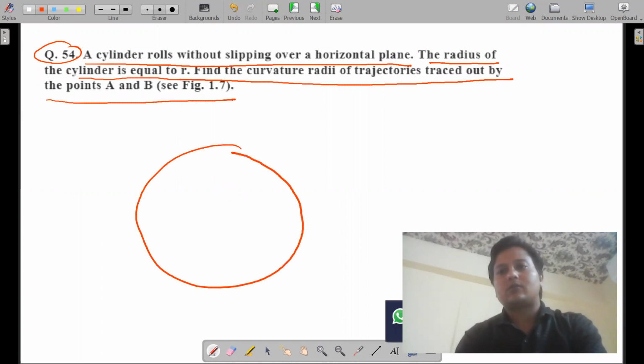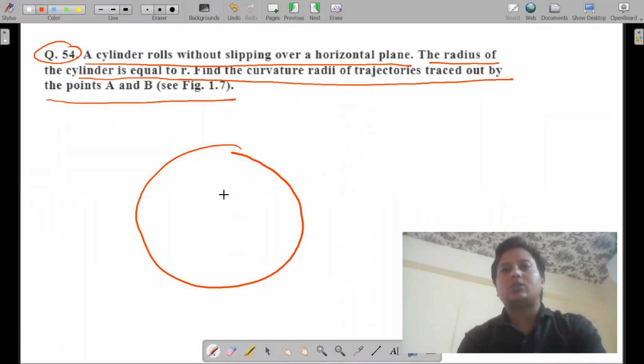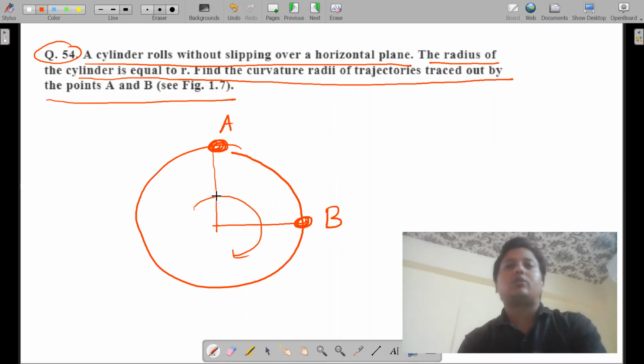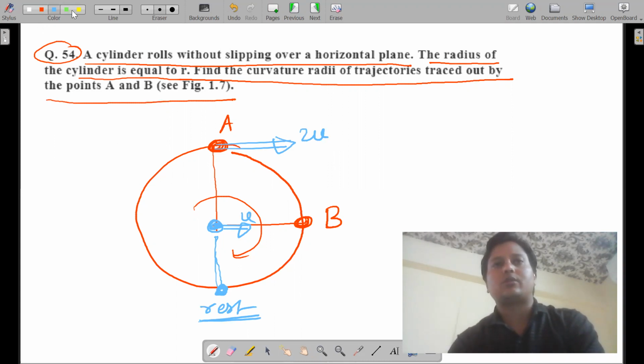The diagram shows a body in rolling, and there are points A and B. Here is a point A, and here is another point B. The body is in pure rolling, so we know that if the center is moving with a speed u, this upper point will have a speed 2u, and this is the instantaneous axis of rotation, a point of rest about which every point is moving in pure circular motion.